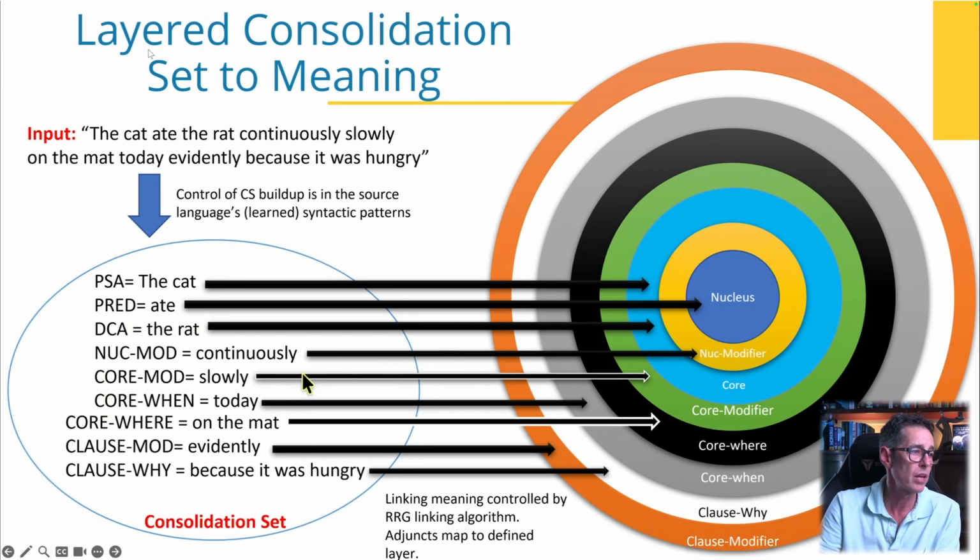Given a set of things, which I call a consolidation set, we can then try to map it across to semantic meaning in this layered model. And if all of the predicates pass, we've got a possible interpretation for the whole sentence. As a result, we're greatly reducing the number of possible interpretations we get for lots and lots of sentences. And finally, we can use context to resolve any ambiguity.